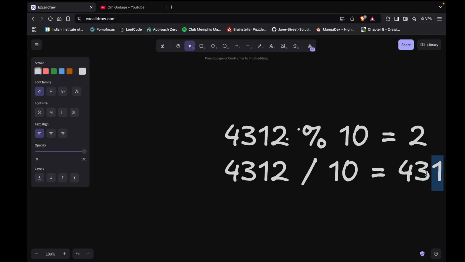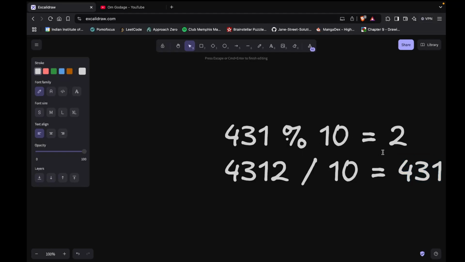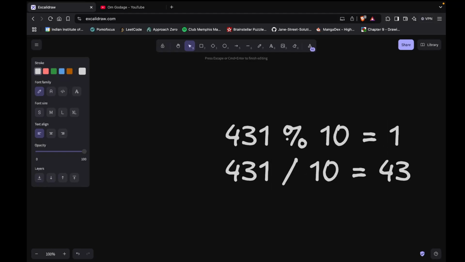So you will put 431 over here, and then you'll get 1 over here, and then you'll get 43, and so on. You can get every single units digit, and then you just have to take the max out of all of these. So you can put a simple check that if the current digit is bigger than the max number seen until now, then you update the max number seen until now, and you keep on going through this whole number.